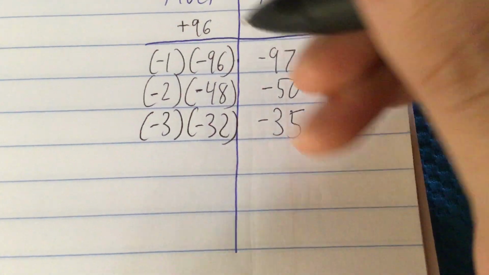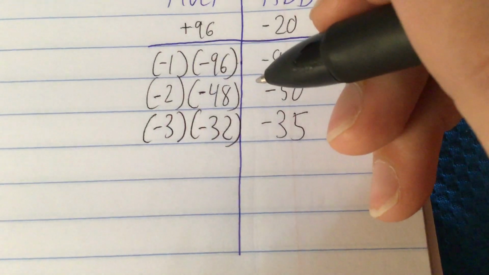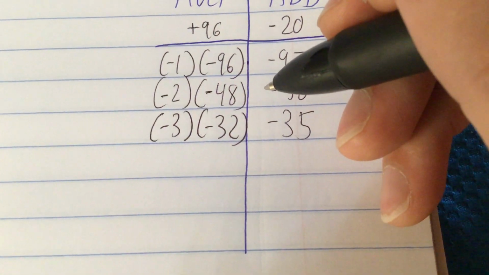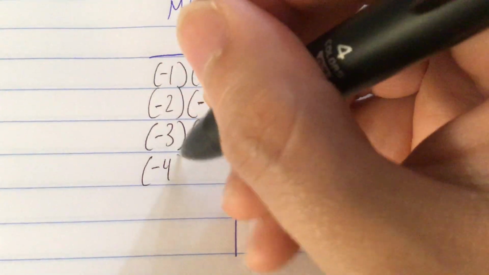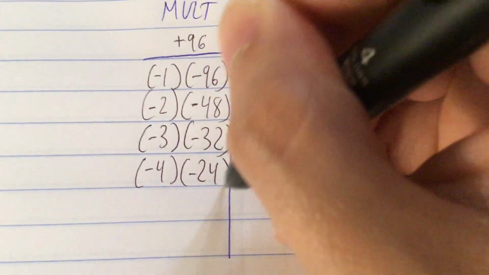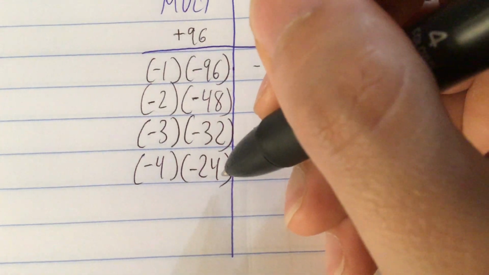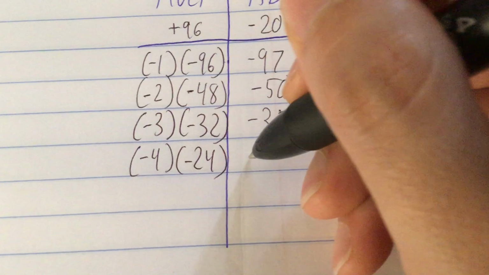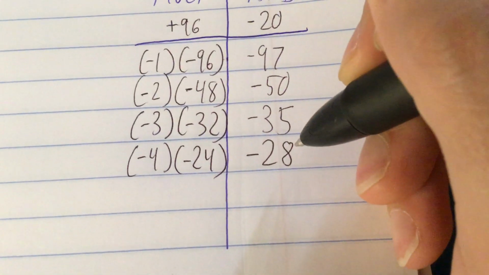We're going to make it. 96 divided by 4. Well, if 100 divided by 4 is 25, then 96 divided by 4 should be 24. So negative 4, negative 24. Negative 4 times negative 24 is positive 96, but negative 4 plus negative 24 would be negative 28.